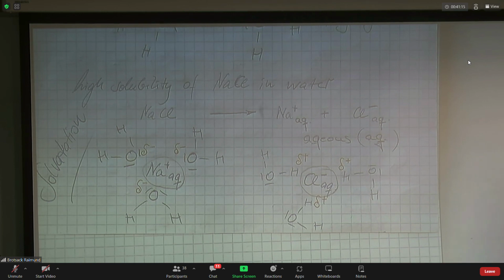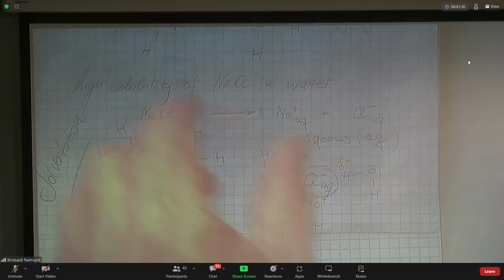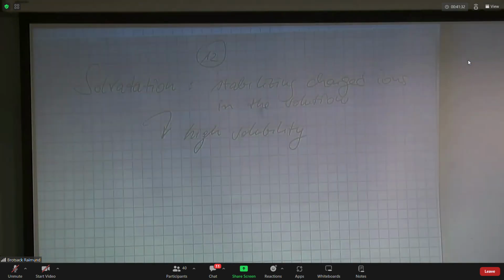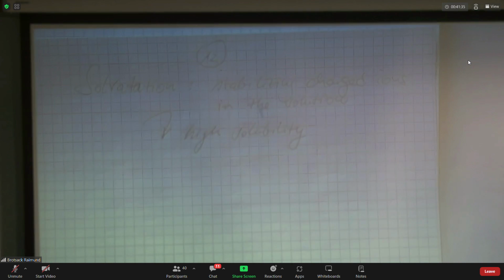And the solubility product we will explain later on. But this value gives us the number of how much of this sodium chloride we can solve in water. And for this type, it's very high. So we find 2 different values for the solubility.